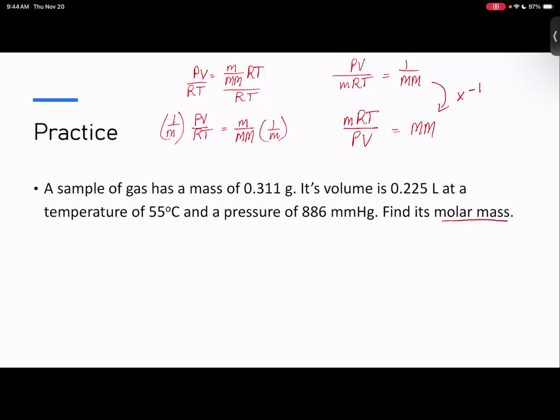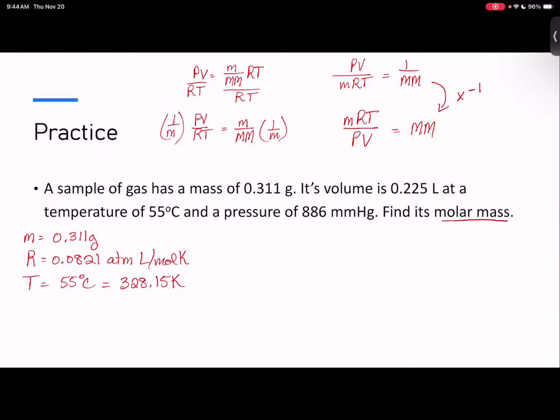So let's look at all of these pieces. I have the mass of the gas, that is 0.311 grams. I have R, which is 0.0821 atmosphere liters per mole Kelvin. I have the temperature of the gas, which is 55 degrees Celsius, and knowing that it has to be in Kelvin, that means it's 328.15 Kelvin.